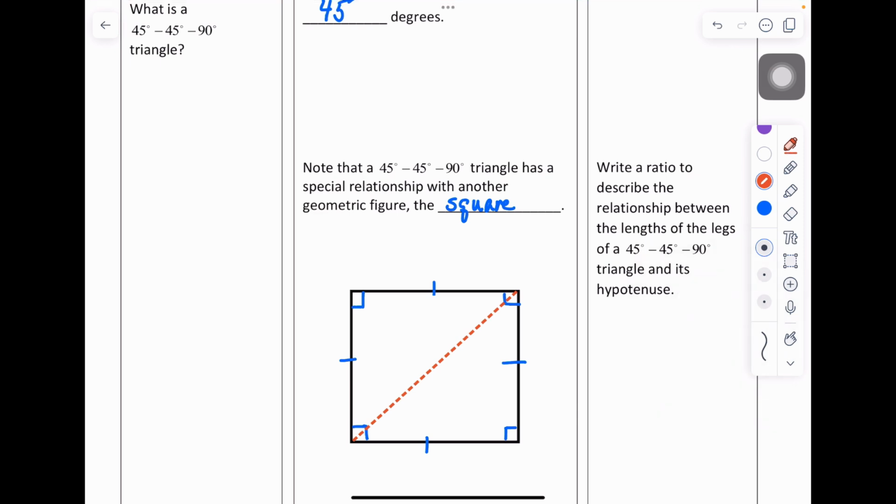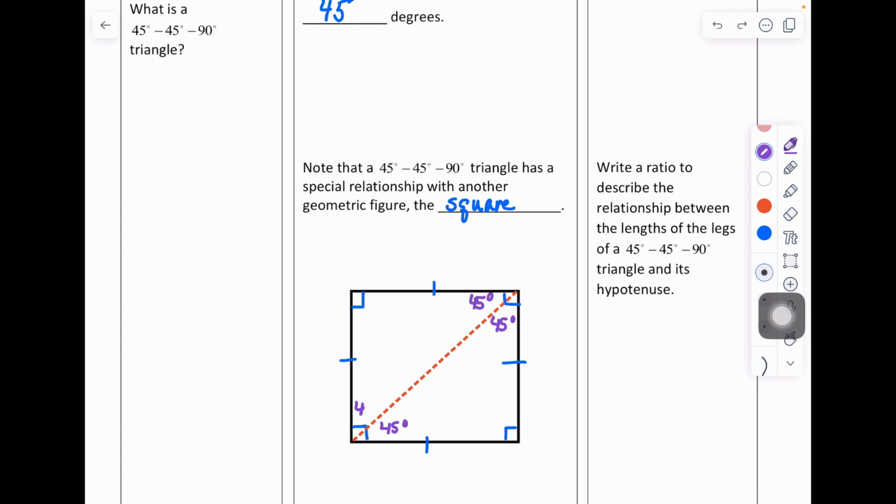Those two triangles contain a right angle, and the way that I've split this square, I've split it so that this is a diagonal, and that gives me 45-degree angles on each side. And in my image, I now have two triangles that are 45, 45, 90.